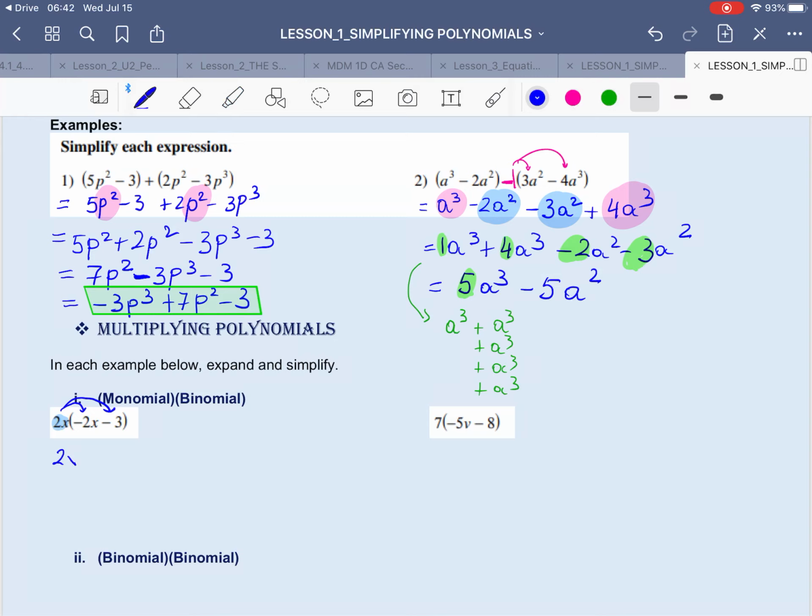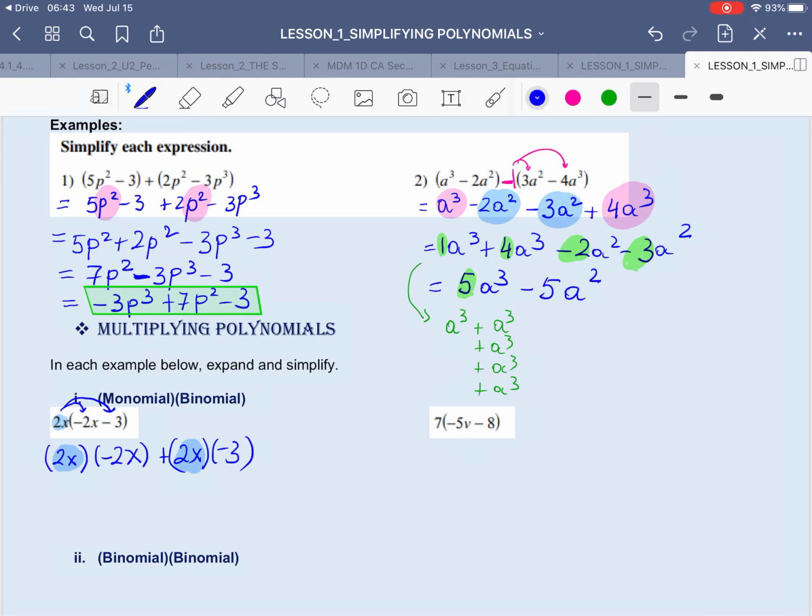So that means 2x will multiply negative 2x, and then 2x will multiply negative 3. So this is where the 2x is, all right? The one that was outside the brackets.